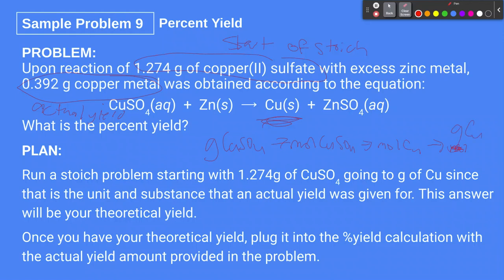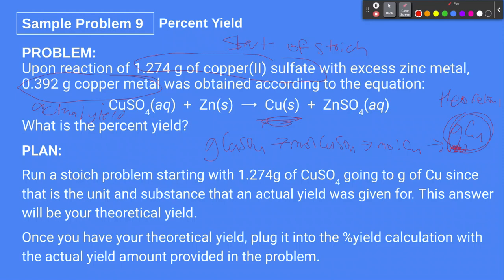So run a stoich problem starting with that 1.274 grams, going to grams of copper, and that answer will be your theoretical yield. So once you get this answer here, that is your theoretical, which we will then use in our percent yield calculation.